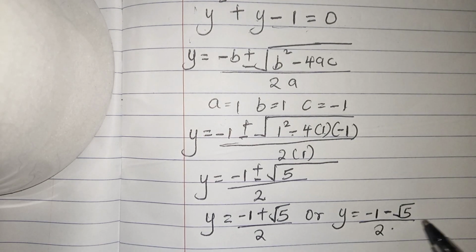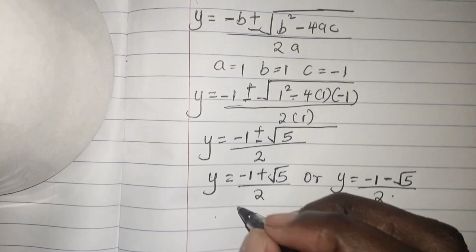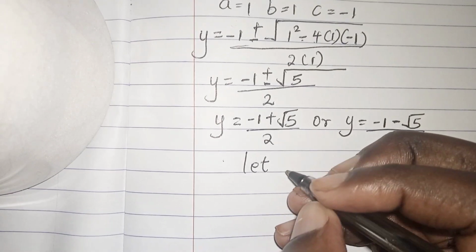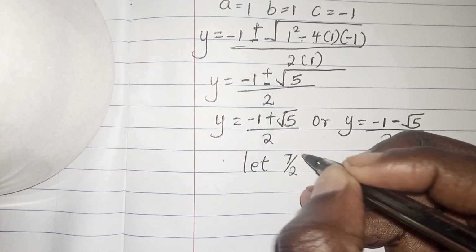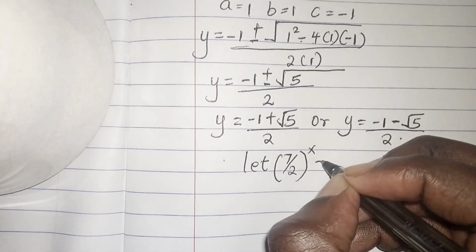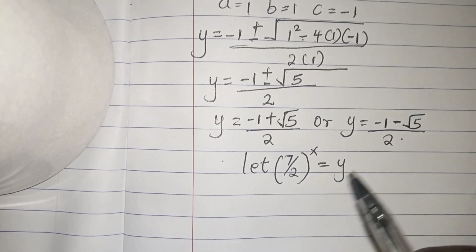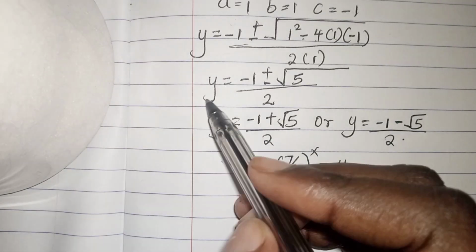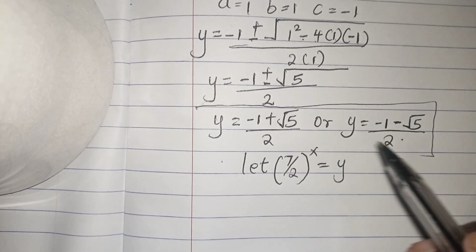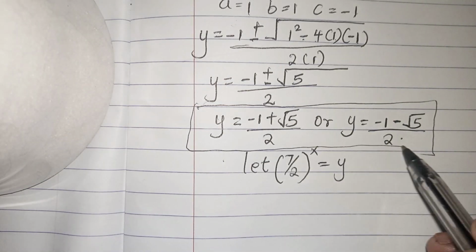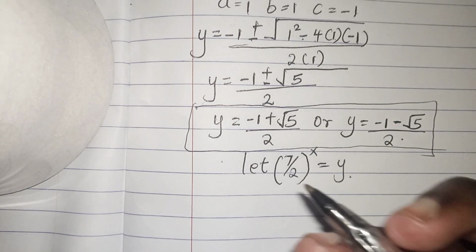So we have two values of y, and we had said let 7 over 2 to the power of x is equal to y. So we have the value of y as follows here. So we are going to substitute these numbers here with y.